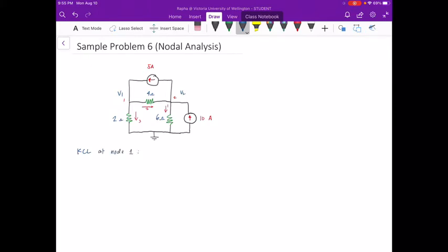The current entering node 1 would be 5 amperes. So let's write there 5A, and the currents leaving this node would be currents I2 and I3.